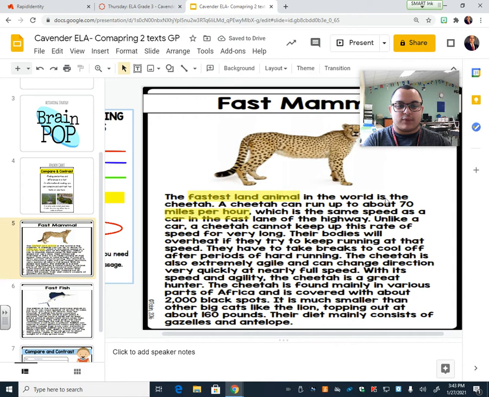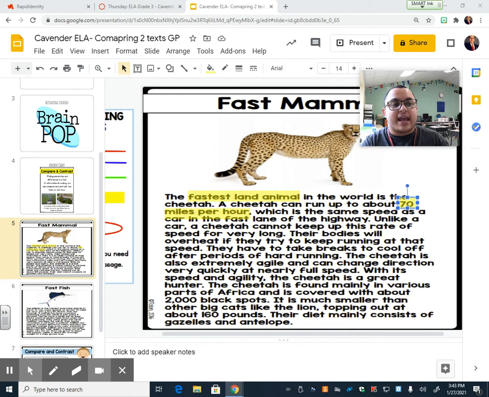Could you imagine if you could run at 70 miles an hour? And I think the average person can only run around 8 miles an hour. So they can run 62 miles an hour faster than we can. They would probably be able to chase us and not even break a sweat.